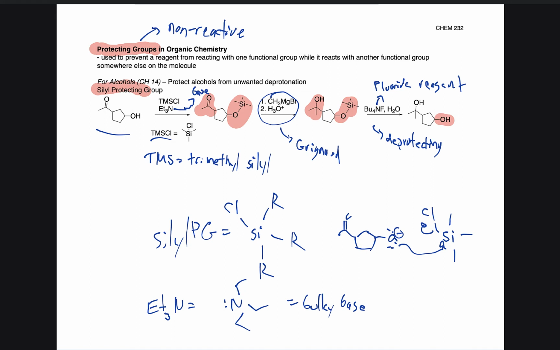So this is just a deprotection step. These fluoride reagents are particularly good at removing silicon groups. So that's all that's doing. The big takeaway here is that we can use this TMS chloride and base to protect alcohols, and then we can remove them afterwards to get back to our original alcohol.